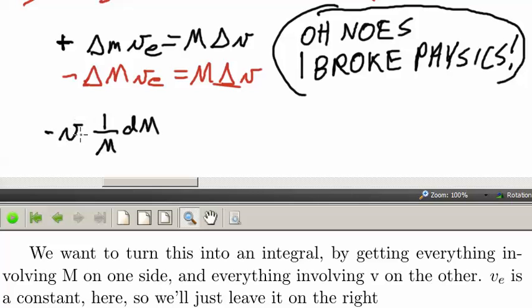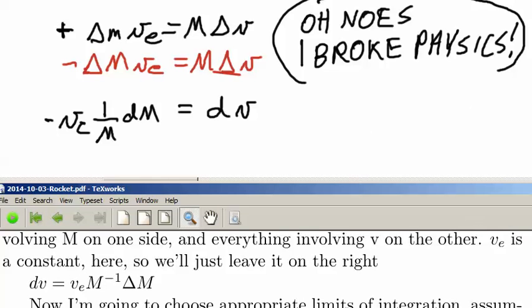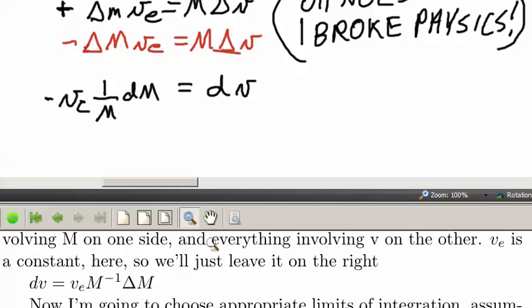Negative v sub e 1 over m dm equals dv. And then I'll go ahead and write it in this form: dv equals, and instead of writing 1 over m here, I wrote m to the negative 1. So v sub e m to the negative 1 delta m.